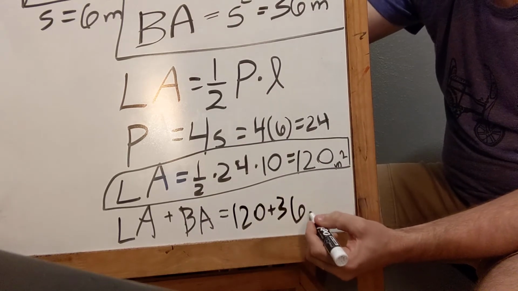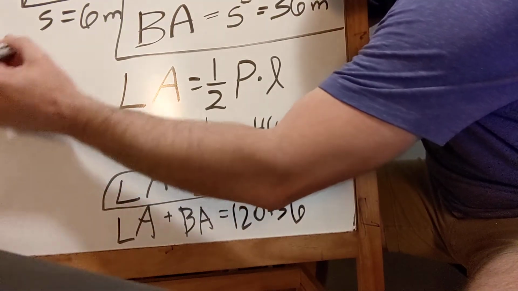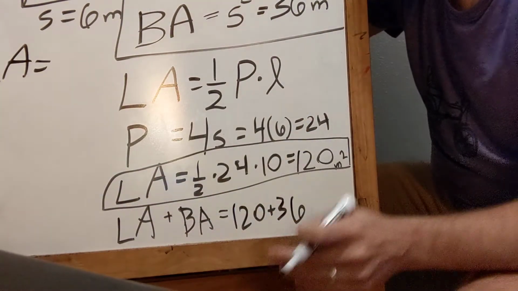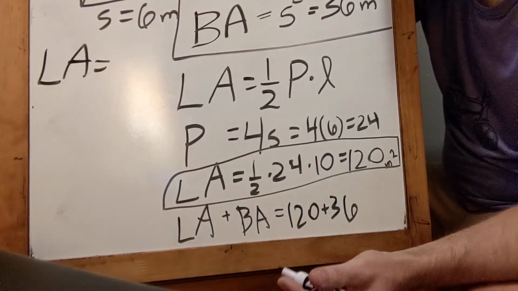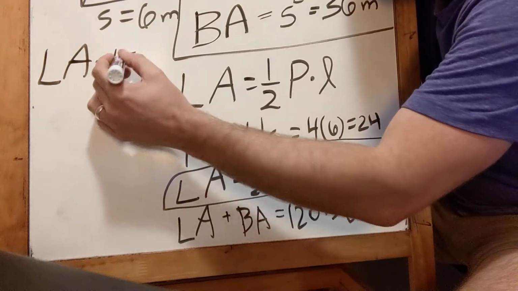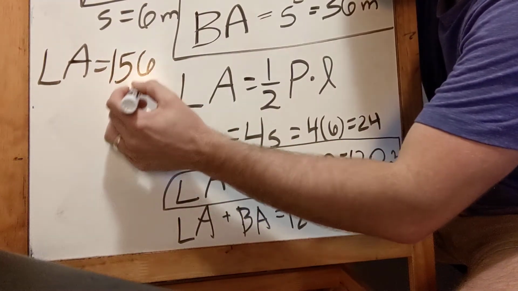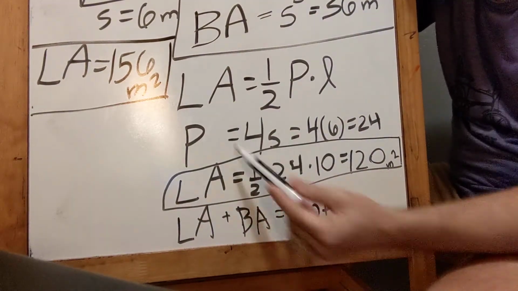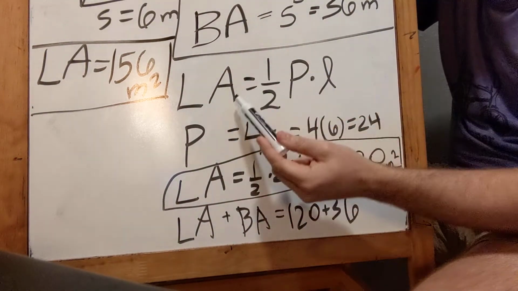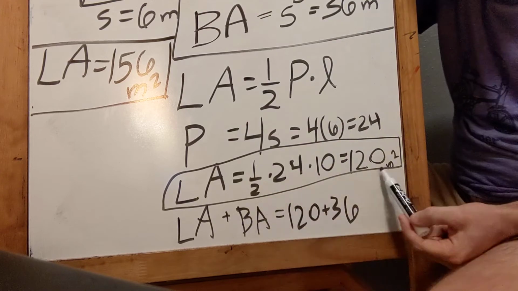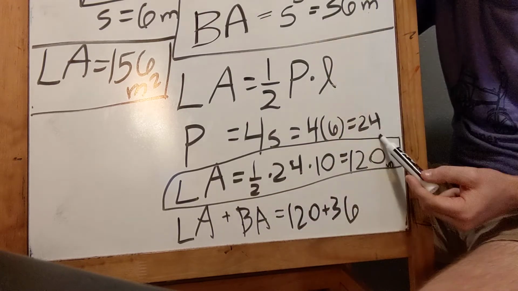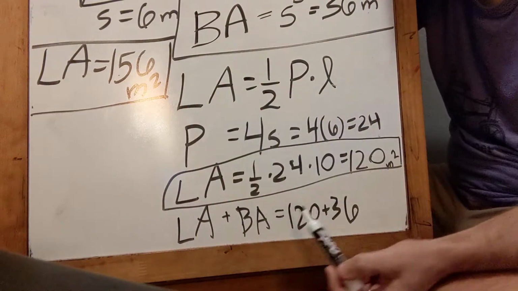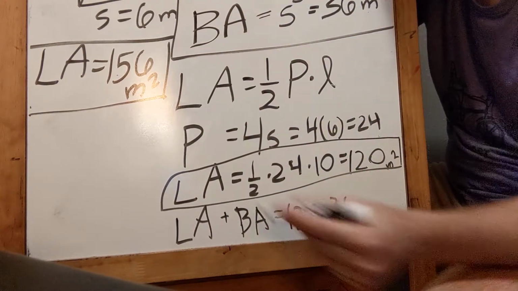I'm going to write the answer over here. Surface area equals 120 plus 36, which is 156 meters squared. So again, to walk us through that process, we found the base area, found the lateral area using this formula, which is 120, and added those two numbers together, and that's where we get 156 meters squared.